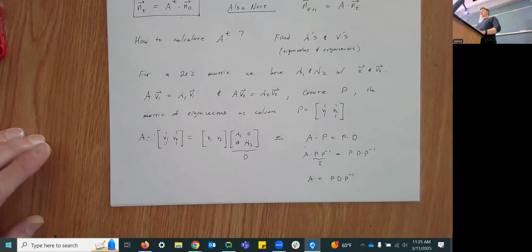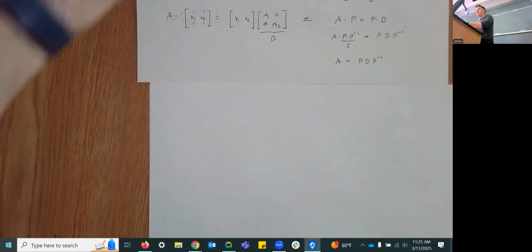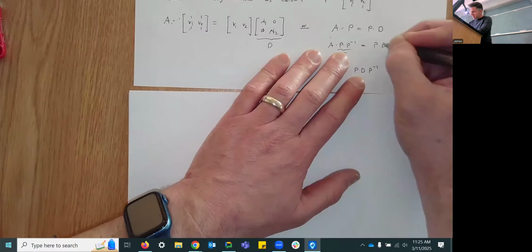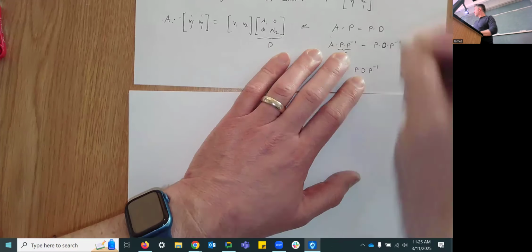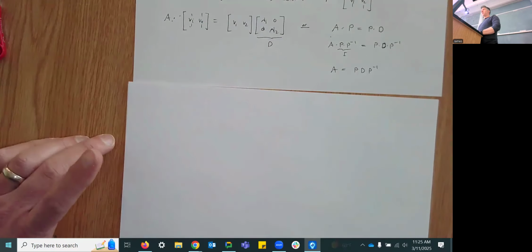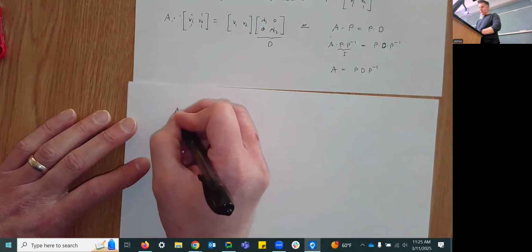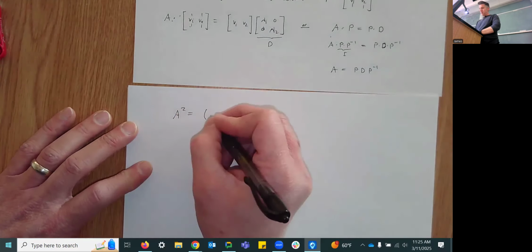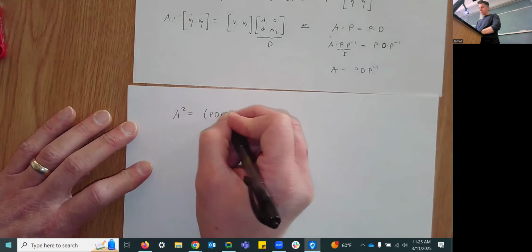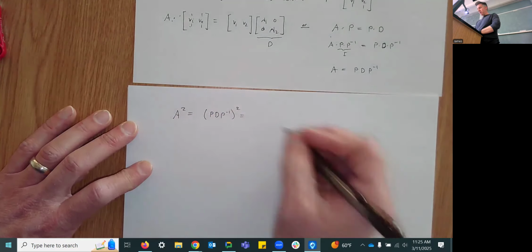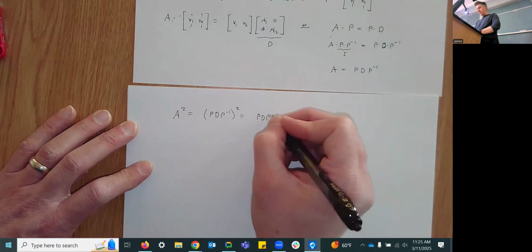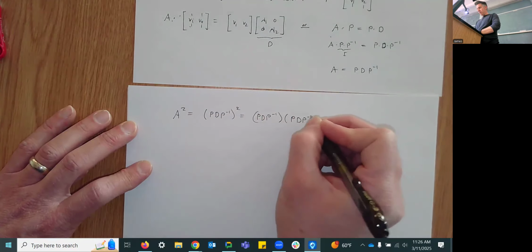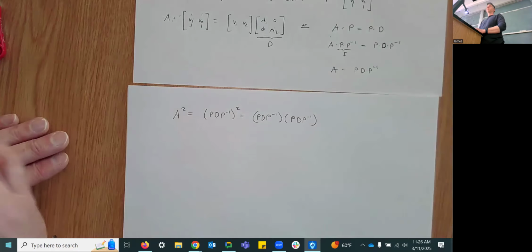And here's where things are going to get easy. So now check this out. A squared: well, I'm going to replace A with PDP inverse. But when you square something, it's just itself multiplied by itself. So you have PDP inverse times PDP inverse.